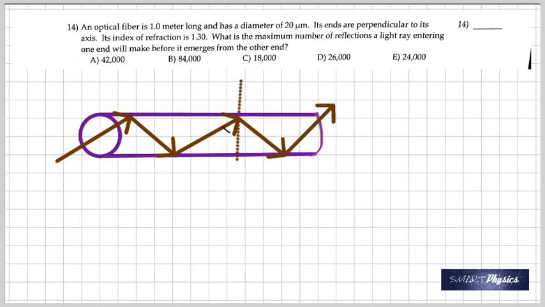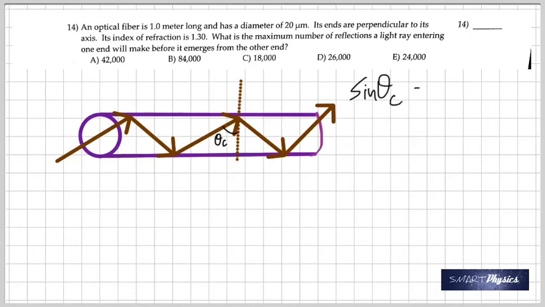So you can see a triangle there, and that angle is surely the critical angle, because it says what's the maximum number of reflections. So that means it just manages.